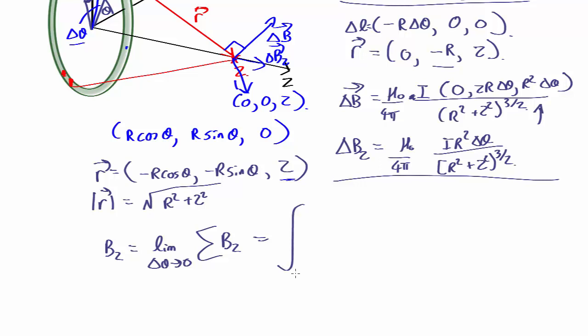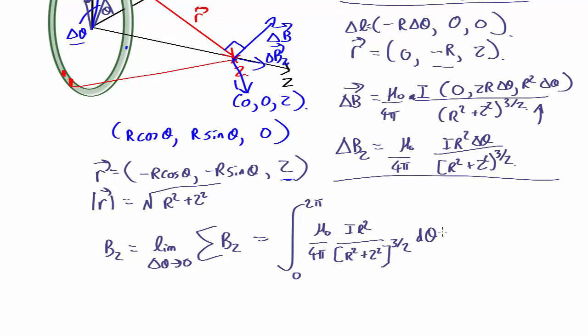the integral around the entire circle from 0 to 2 pi of mu0 over 4 pi times r squared over r squared plus z squared to the 3 halves d theta.